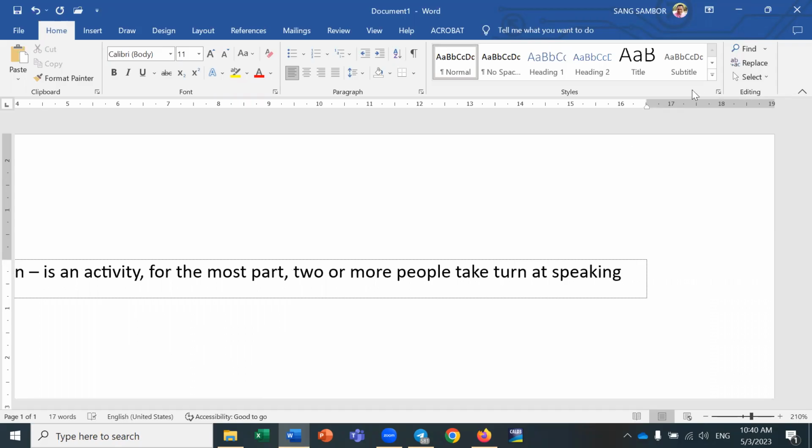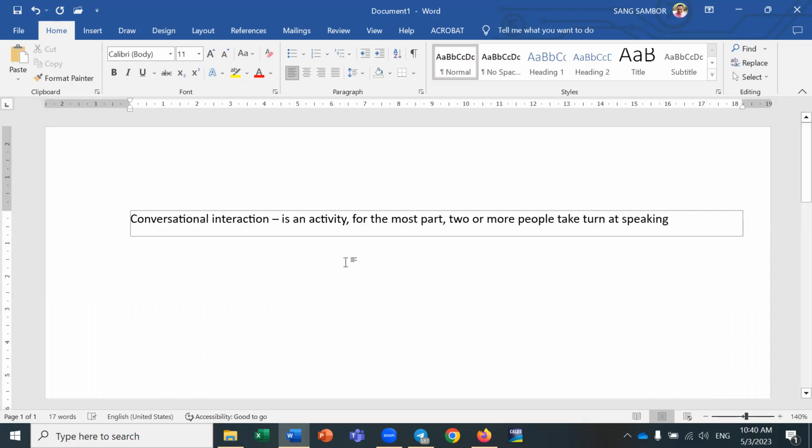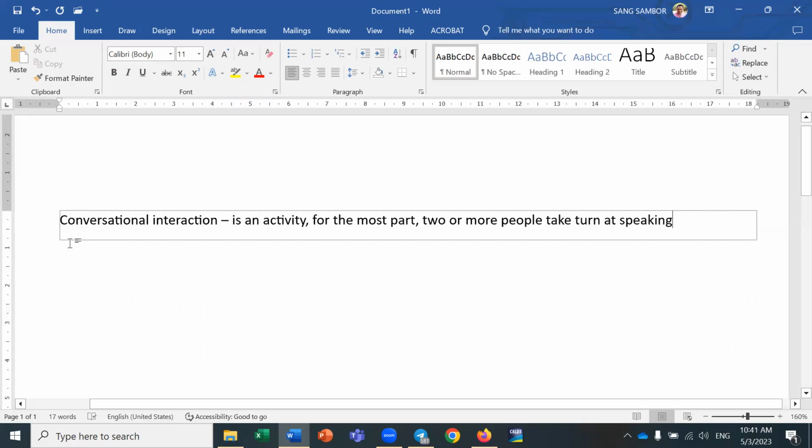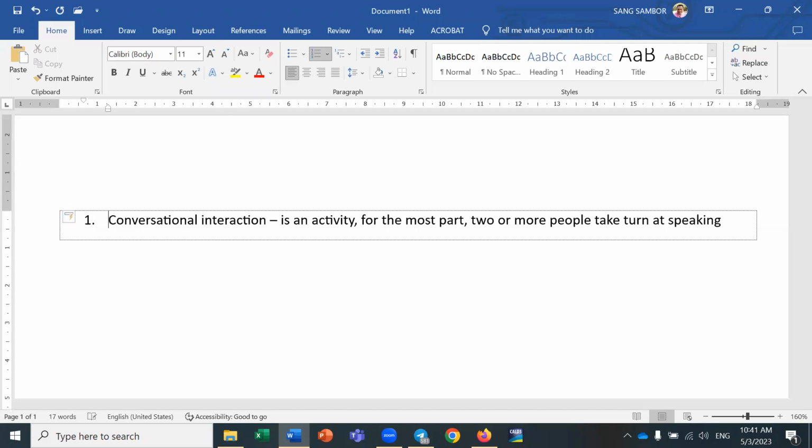Okay, that is how we define conversational interaction. Two or more people take turns at speaking.